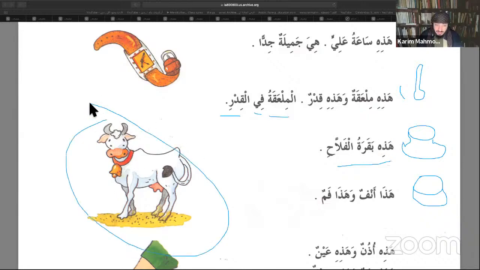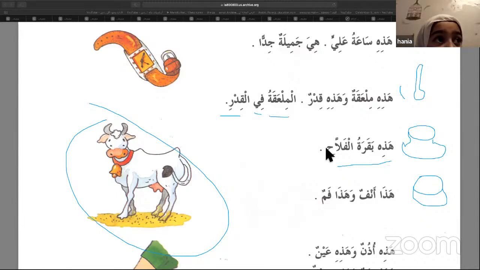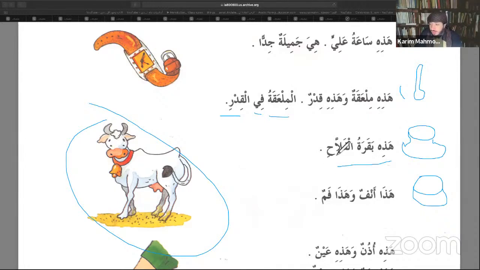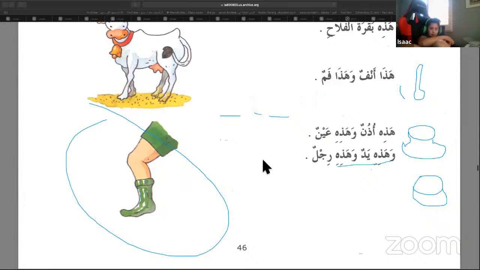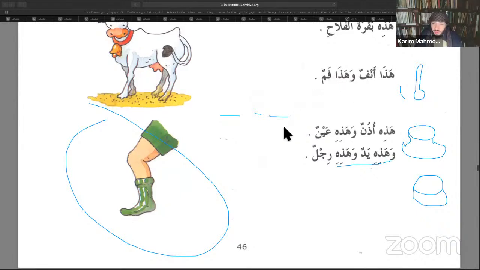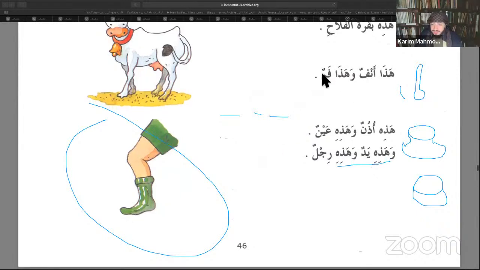Cow. الفلاح is the farmer. This is the cow of the farmer. هذا أنف وهذا فم.